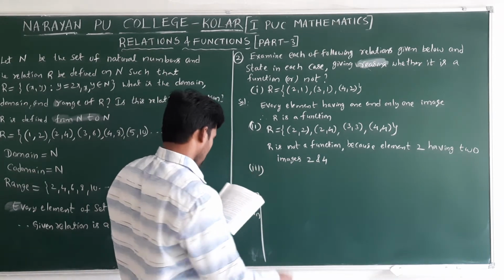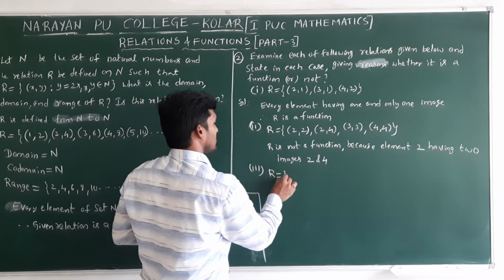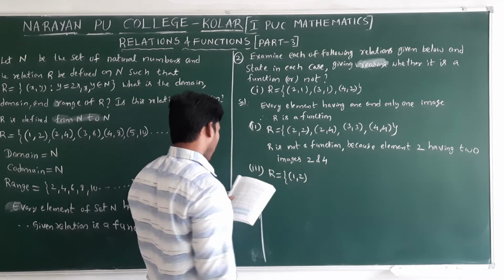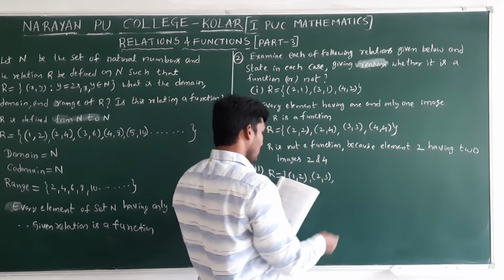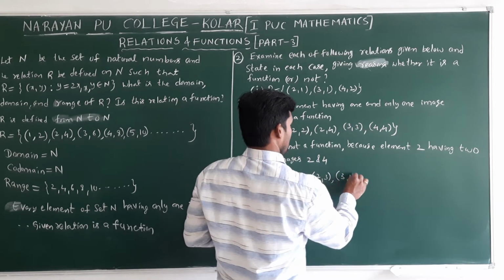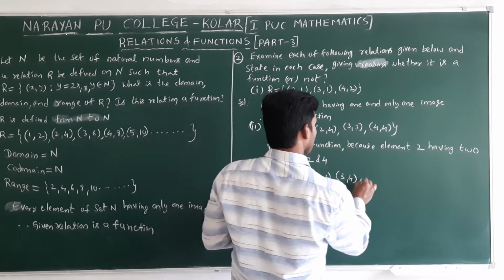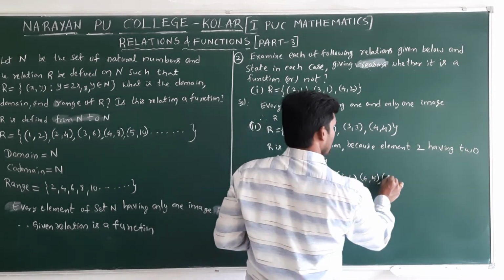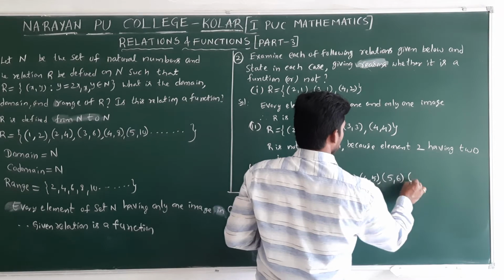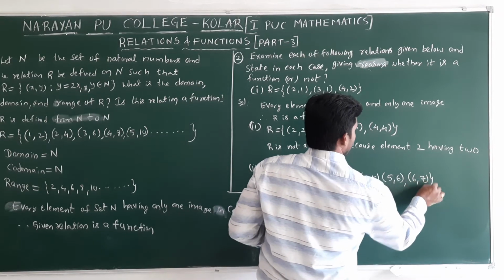Third one, R equals the set of (1,2), (2,3), (3,4), (4,5), (5,6), (6,7).